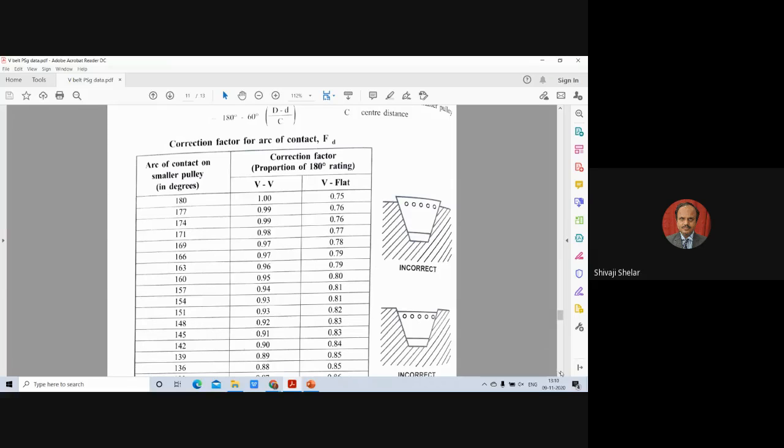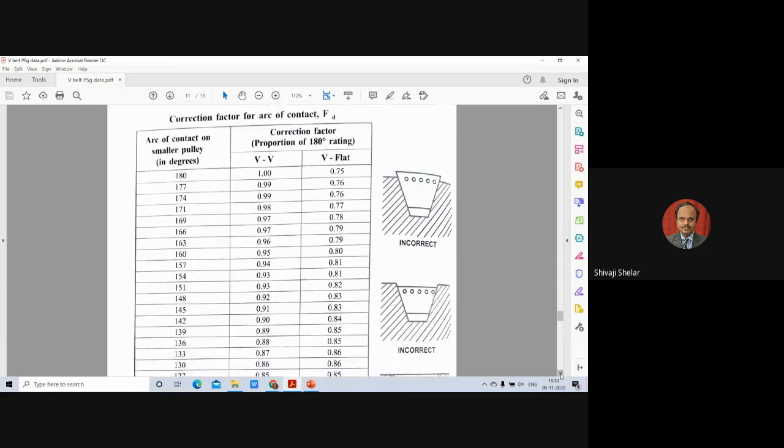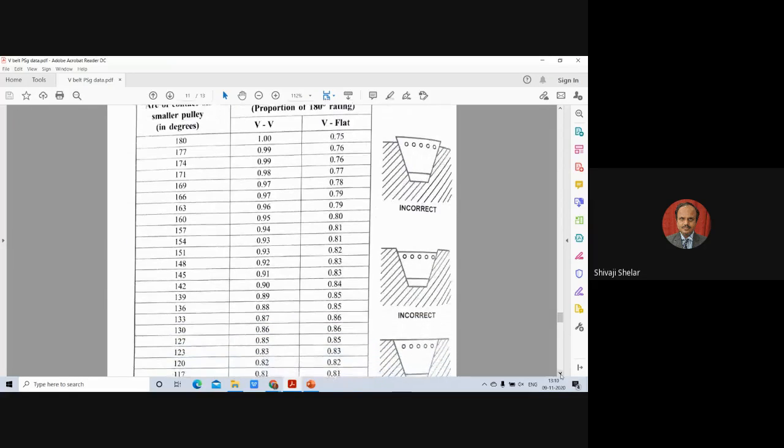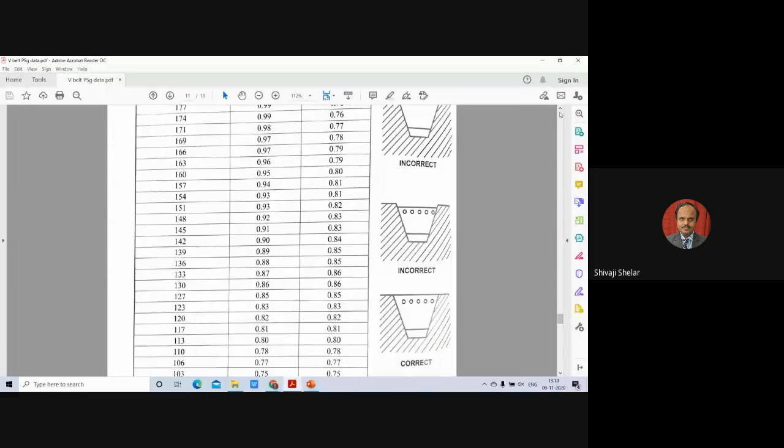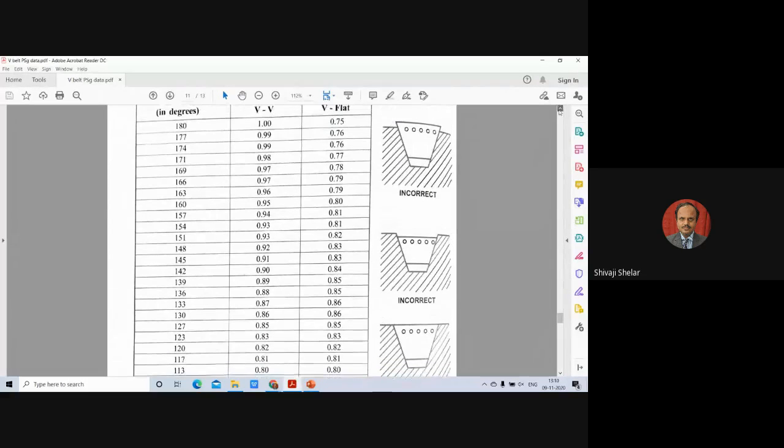I was discussing the placement of the belt in the V groove. Here three methods are given. This is an incorrect method. The reason is that the top width of the belt is above the pulley surface, which is not recommended. So this type of belting is incorrect.